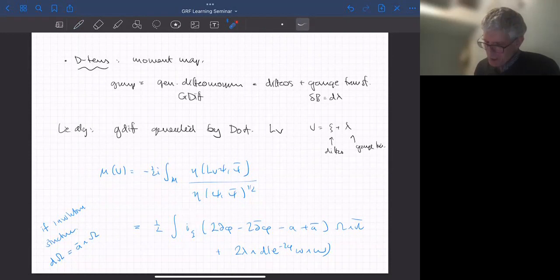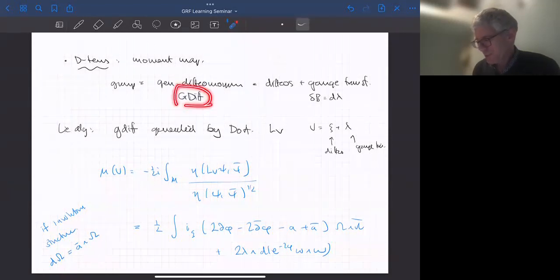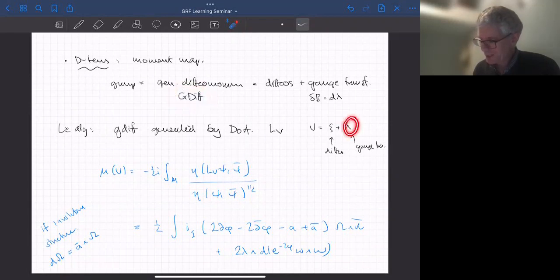Now, if you imagine complexifying this group, if you ask how it acts on psi, the complexified generalized diffeomorphisms act just by ordinary diffeomorphisms, plus a little bit more, and the little bit more is the complexification of the gauge transformations. And when you complexify this bit, all it does is rescale psi.